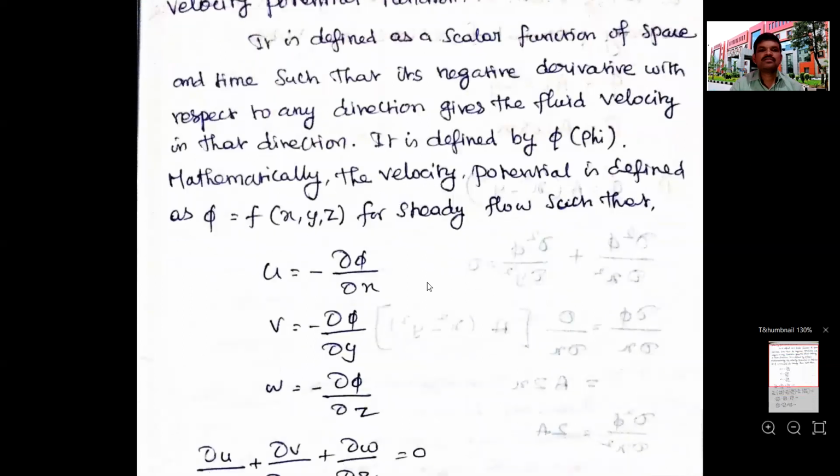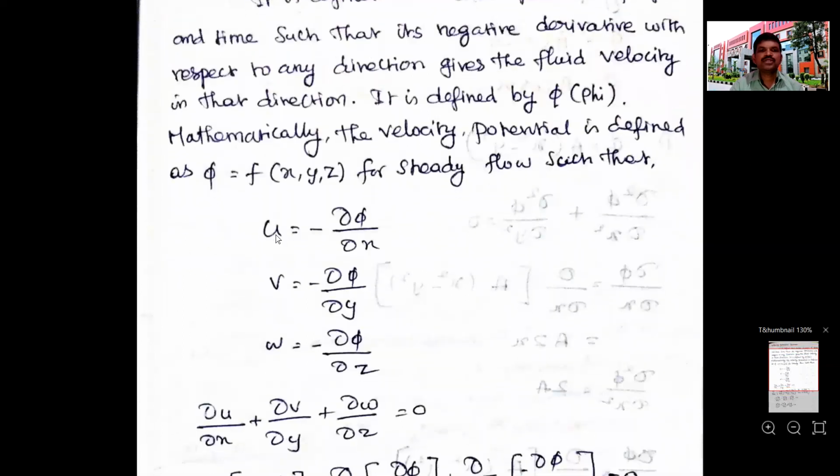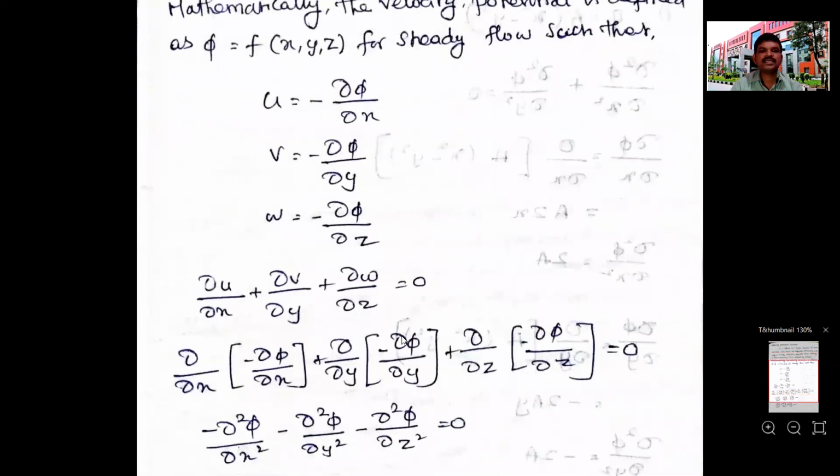Now you can write u, the x-direction velocity, is equal to minus ∂φ/∂x, the negative derivative. v is equal to minus ∂φ/∂y, and w is equal to minus ∂φ/∂z. This we already saw.